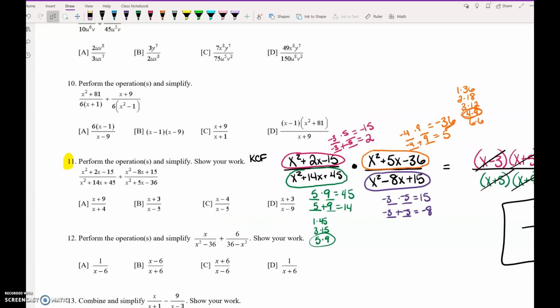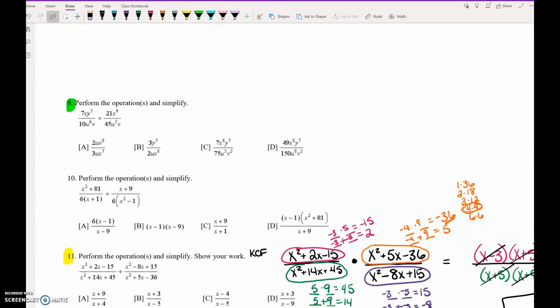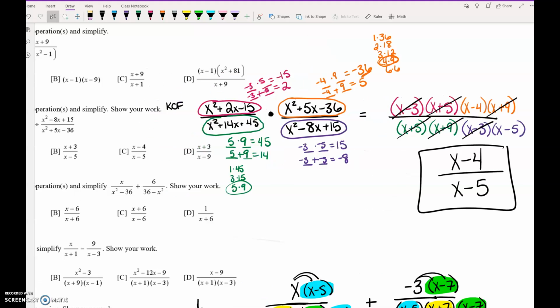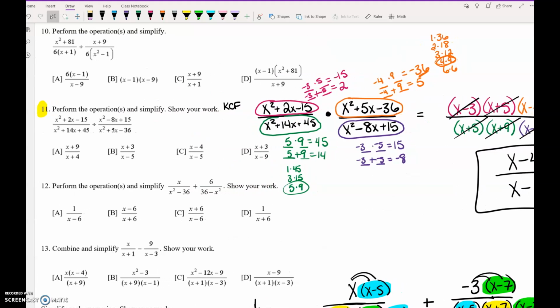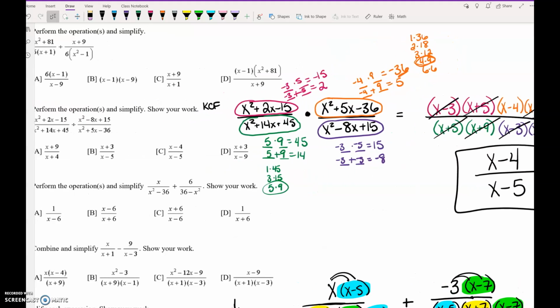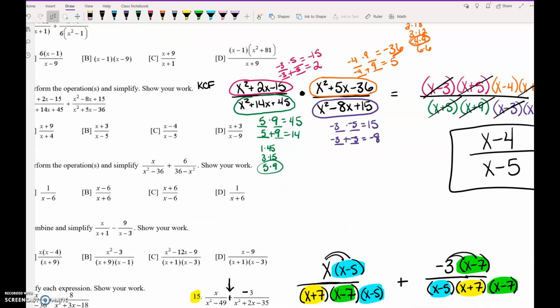I do want to talk briefly about number 9. I changed my mind. We'll talk about kind of number 11. What if you were doing number 11 and maybe the green and the orange, maybe those were monomial terms instead?